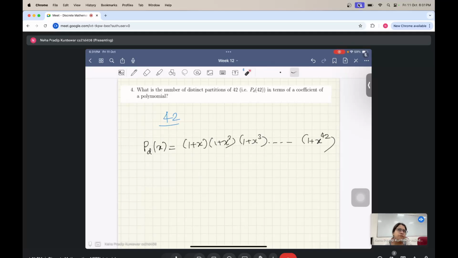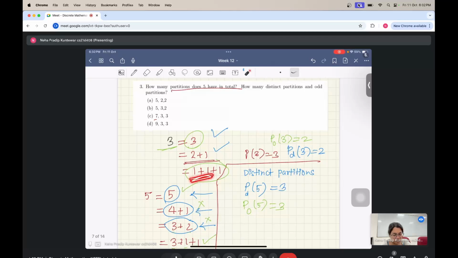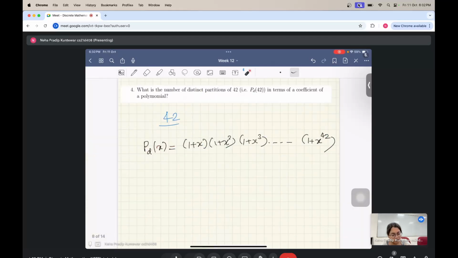The simple intuition is that if I choose the number 1 from the first factor, then I do not want to choose it again. I cannot have 1 plus 1 plus 1 and so on. I don't want to allow these repetitions, and that's why I only have 1 plus x.